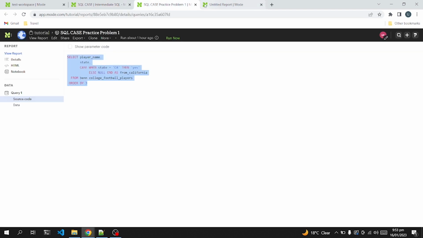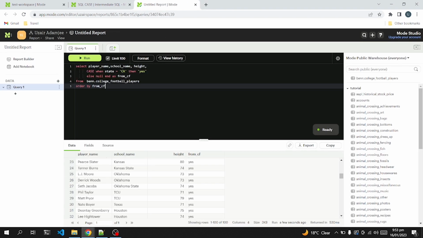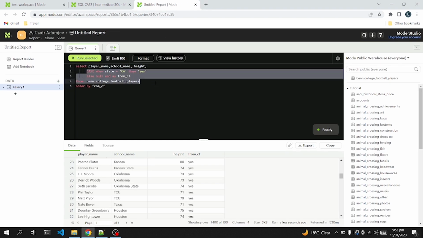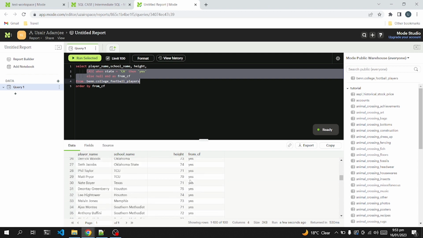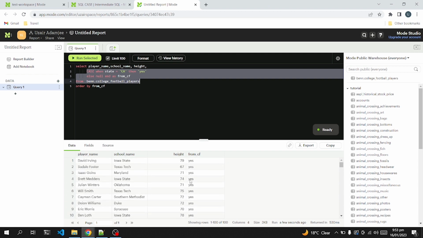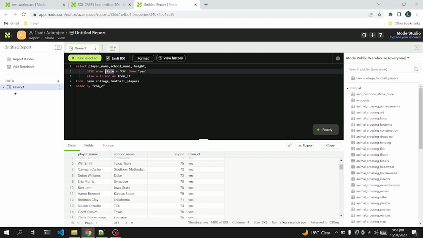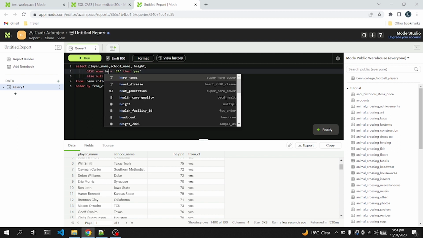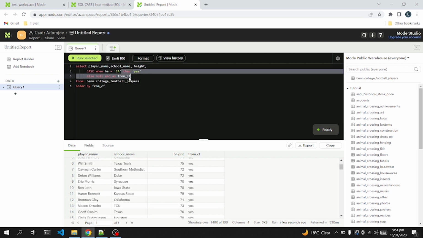So let's write it out: player name, height, and as you can see, we can characterize into, let's say, greater than 75.